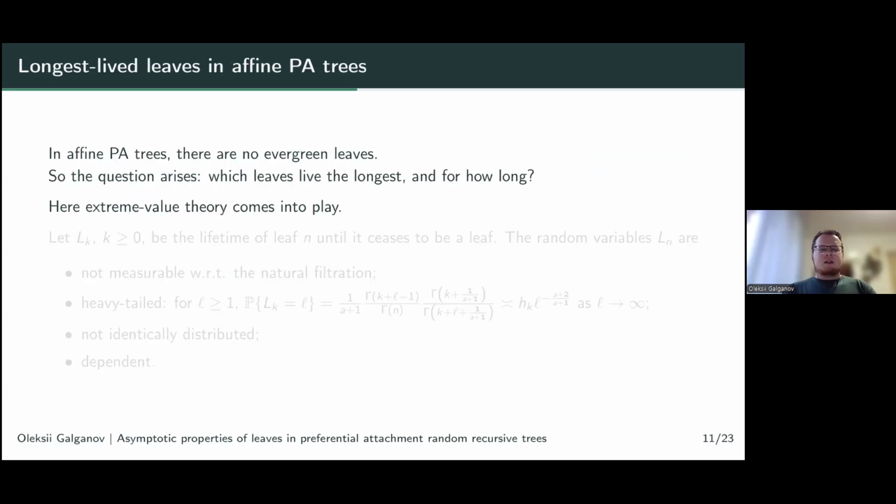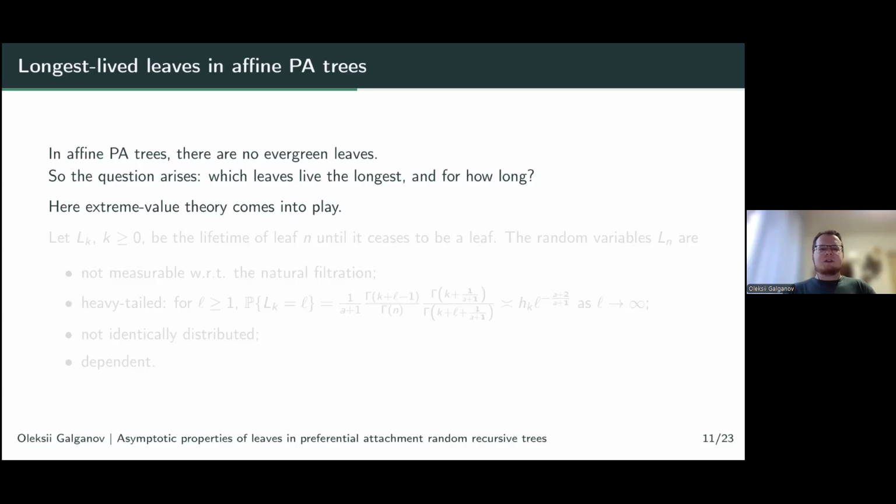So let's focus specifically on affine preferential attachment trees. The study of them is particularly simple because in this formula for the probability of attaching to some vertex, the denominator is not random, because the sum of degrees of all vertices in trees is constant.